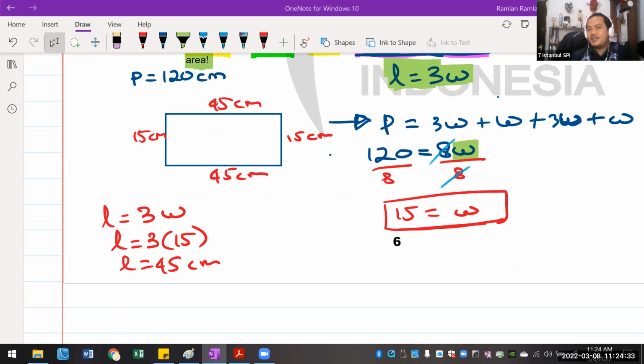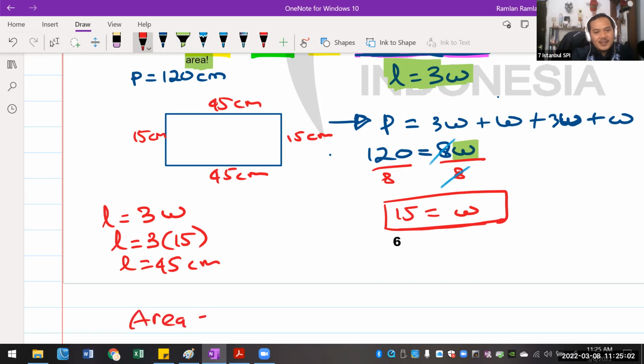Oh iya, kayak hal yang tadi mati. Felisa? Ini the area of a rectangle. Actually, have learned this in primary school, so I think you know it. Maybe you forgot. Gimana? 15 times 15.